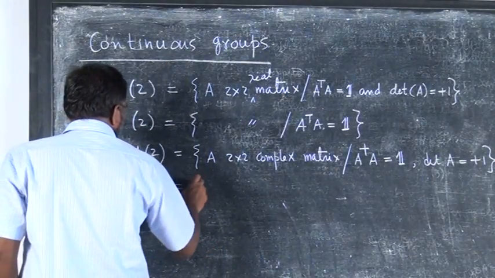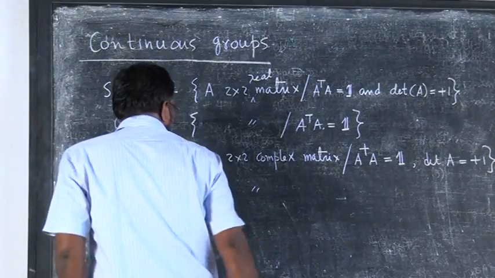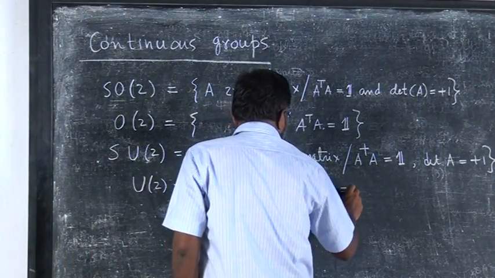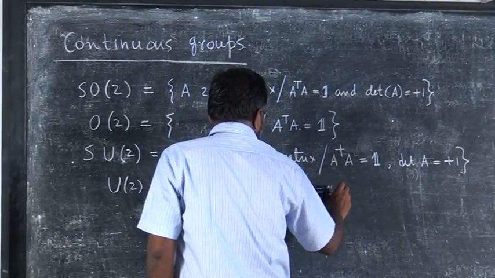Then you have U2, which is a complex 2 by 2 matrix such that A dagger A is equal to identity.